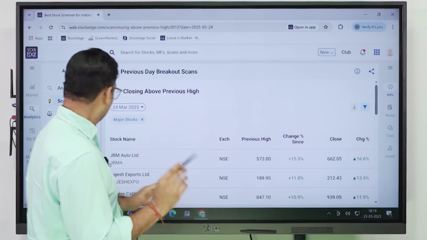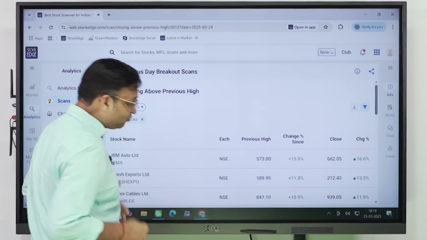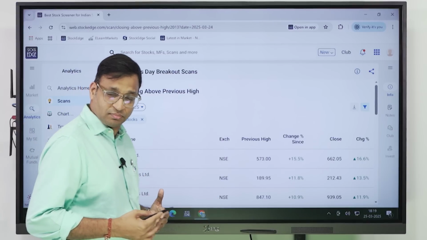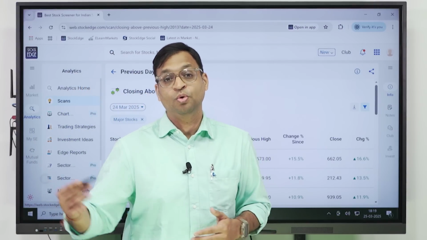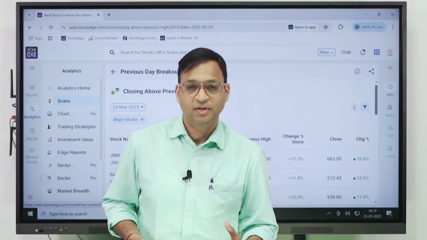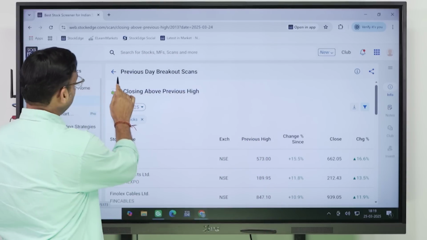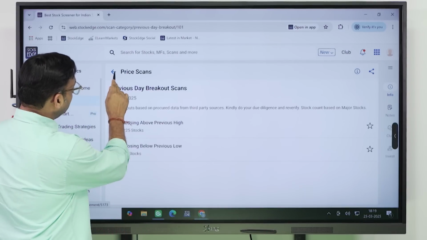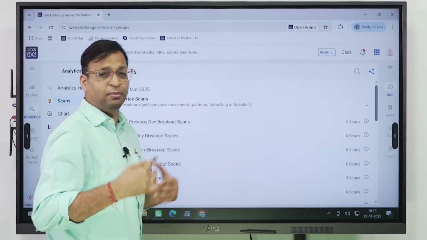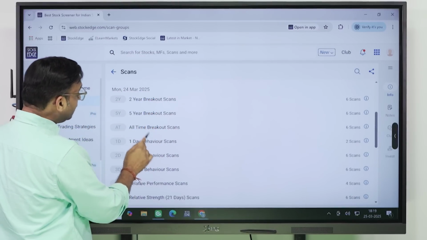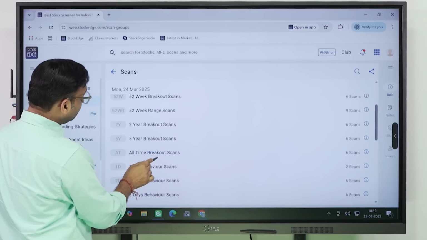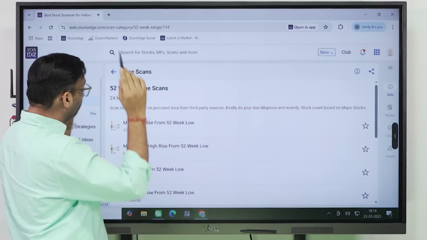So if I have to identify stocks where there is a chance that the stock may continue to go up in the short term, then I will look at short-term parameters. But if I am looking at a slightly longer position, maybe momentum investing, for 5 months, 6 months, etc., I'll probably look at stocks which are giving a 52-week high.